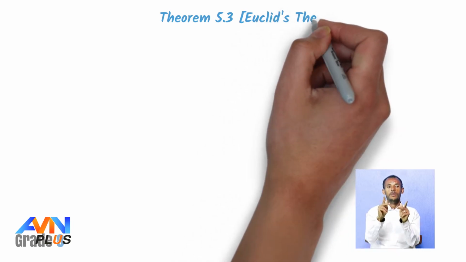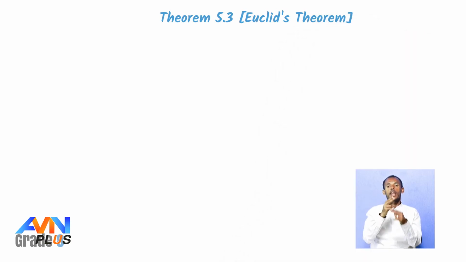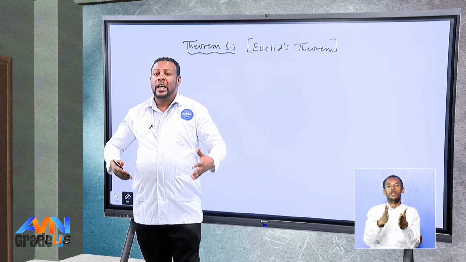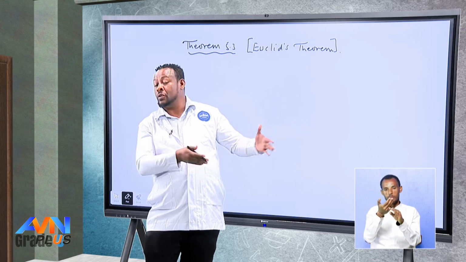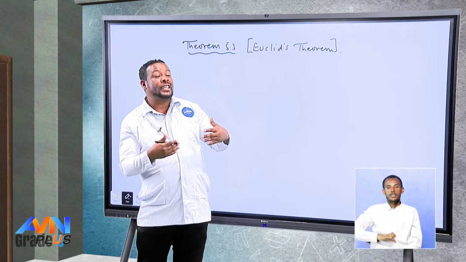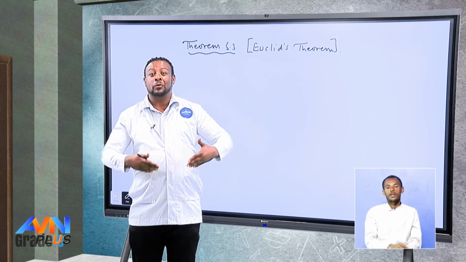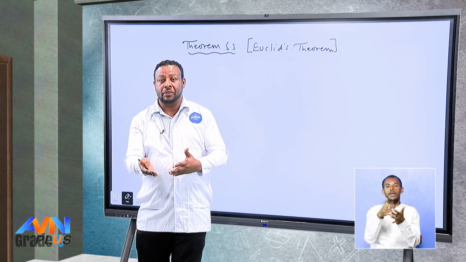Euclid is the name of a person. This person is a mathematician who lived 365 years before the birth of Christ, and he is believed to be the father of geometry. Today we will see his theorem and how it can be proved, right?